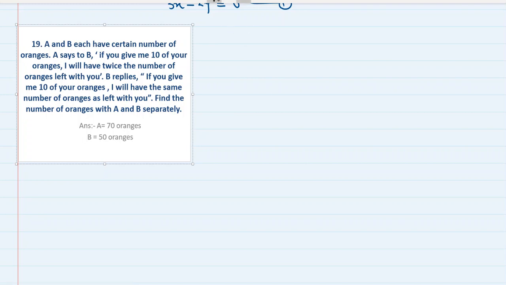The first statement starts with the last part. Find the number of oranges with A and B separately. A and B each have a certain number of oranges. See, if you read the first statement and the last statement, you know how to begin the question.